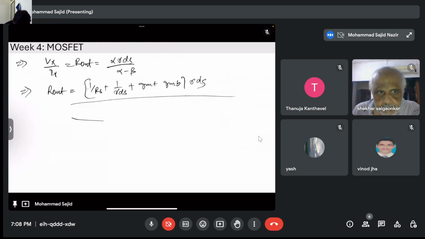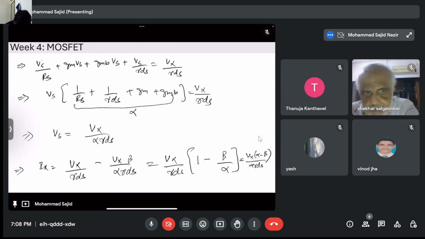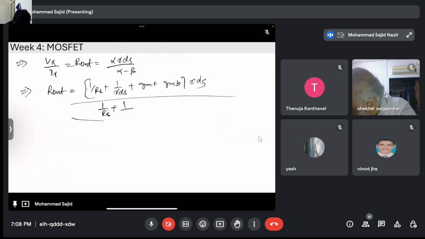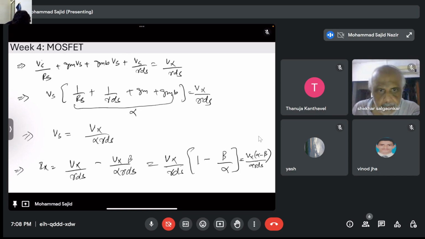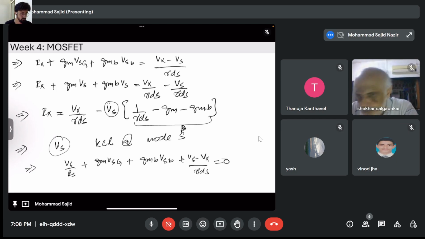You'll get alpha minus beta, with 1 by Rs plus 1 by Rds plus Gm plus Gmb, minus beta. Ix is Vx plus k Vx by Rds minus Vs times beta.